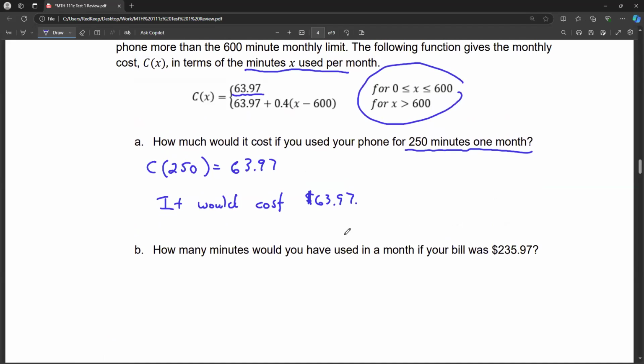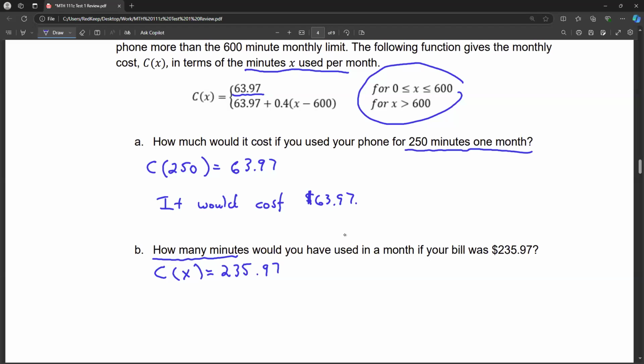So if you remember, this C of x function was the monthly cost function, and the output would be equal to the cost. So I can go ahead and say for part B, I think what they're asking us here is what are the x values? How many minutes would you use if the bill is $235.97?